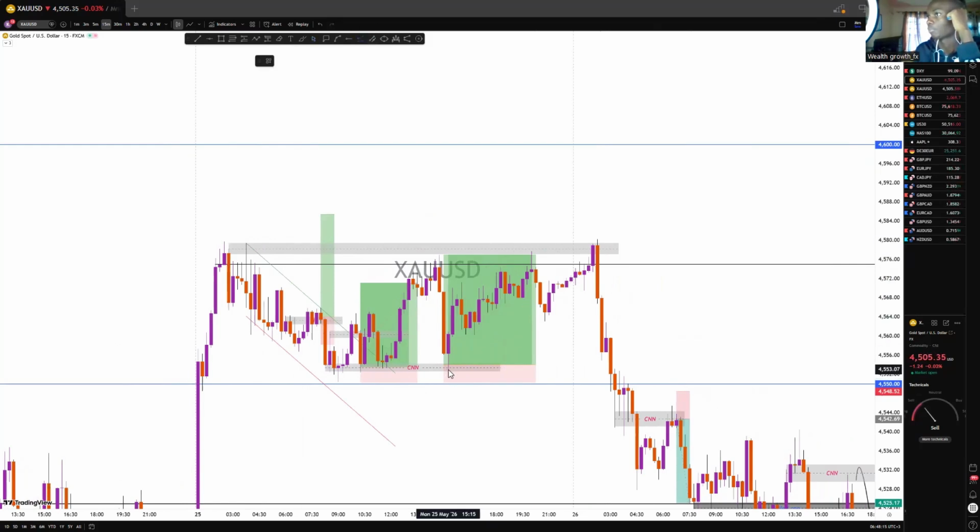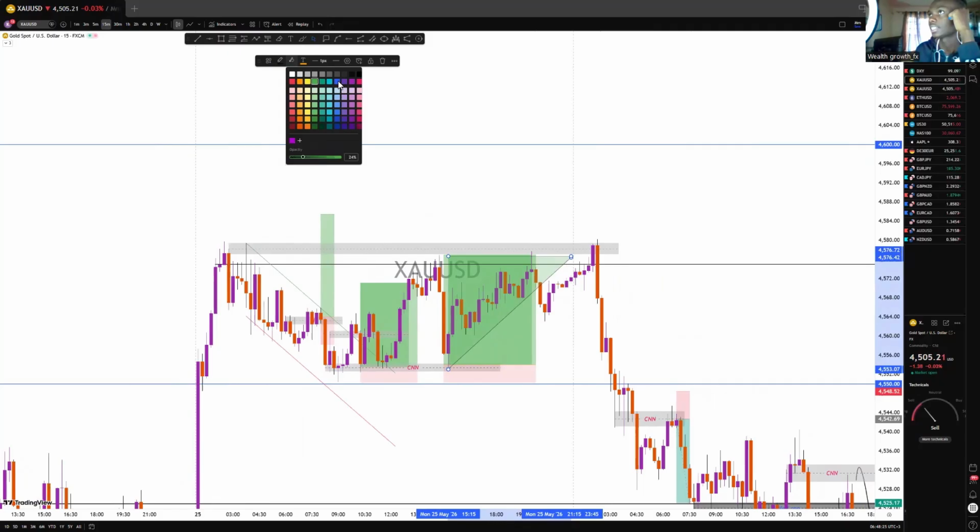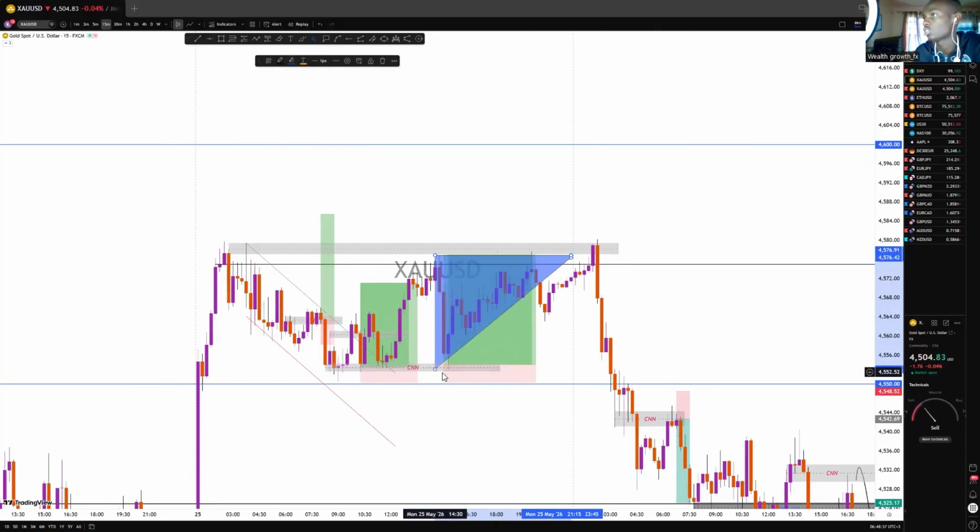This is a triangle, an ascending triangle. An ascending triangle is one that ascends going to the upper side. So guys, it looks something like this. Once you see an ascending triangle, it tells you two ways can happen on this market. There are only two ways that can happen.